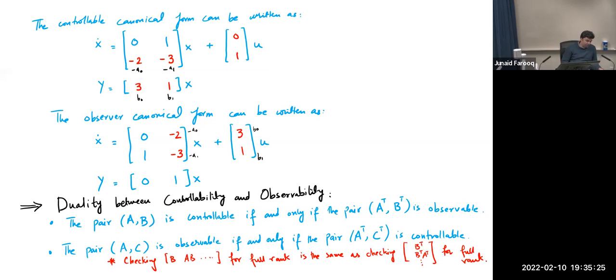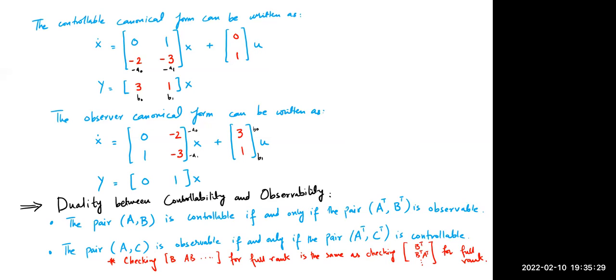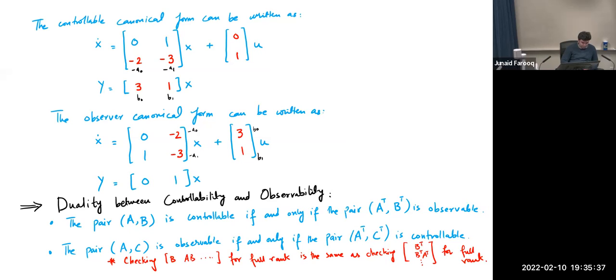Sorry, Professor, it shouldn't be CAT, CTAT, in the second one. Are you saying the red pieces, this one? Yes.